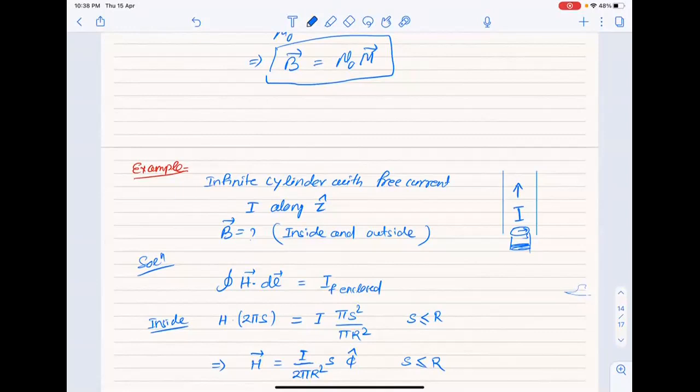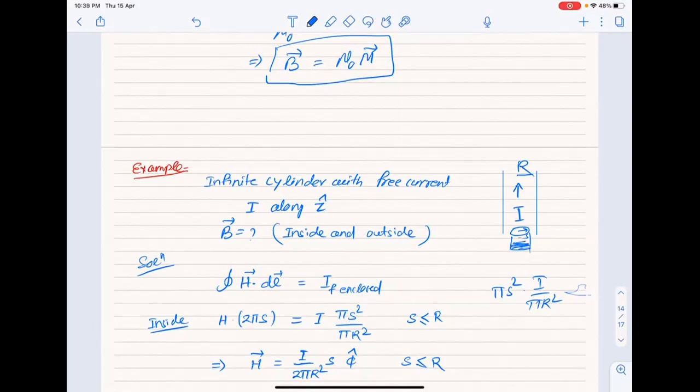How much current will flow through this particular area? That is your pi S square. So the current which will flow through this will be nothing but pi S square multiplied by I over pi R square. Right? Total current is I, that is flowing in a radius R. So let me say this radius is R. Which means the current flowing through this Amperian loop, we are constructing an Amperian loop, the area is pi S square for that loop.